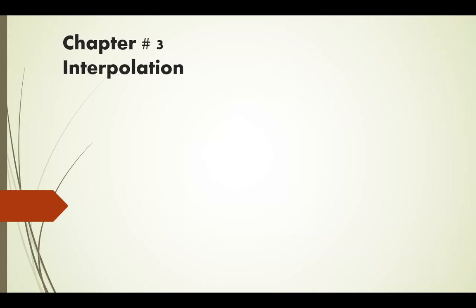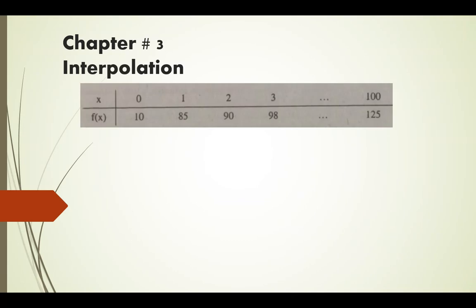Let us start from a small table here, which is included in your book. There are some certain values of x. You see here, this is x, and these values are assigned to x. We see that the gap between these values is the same.